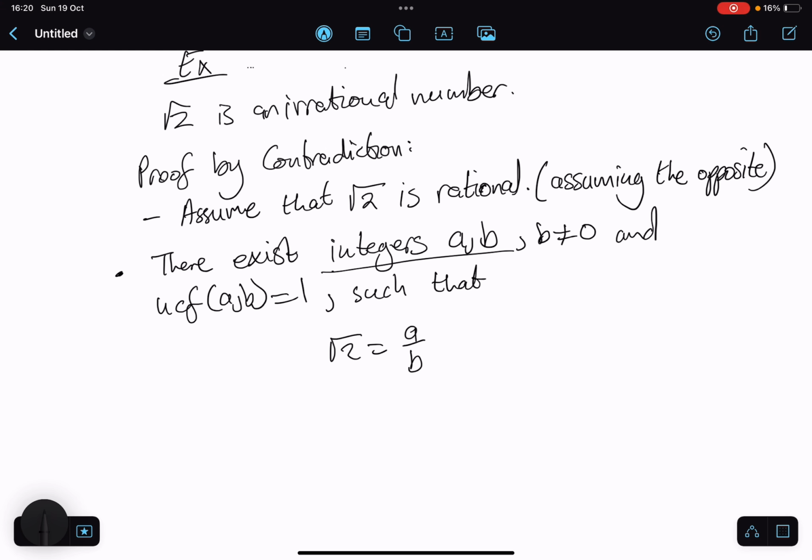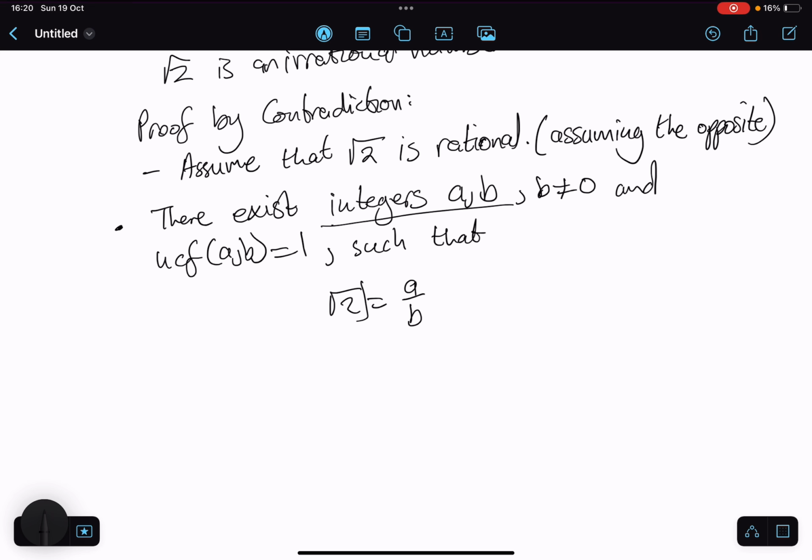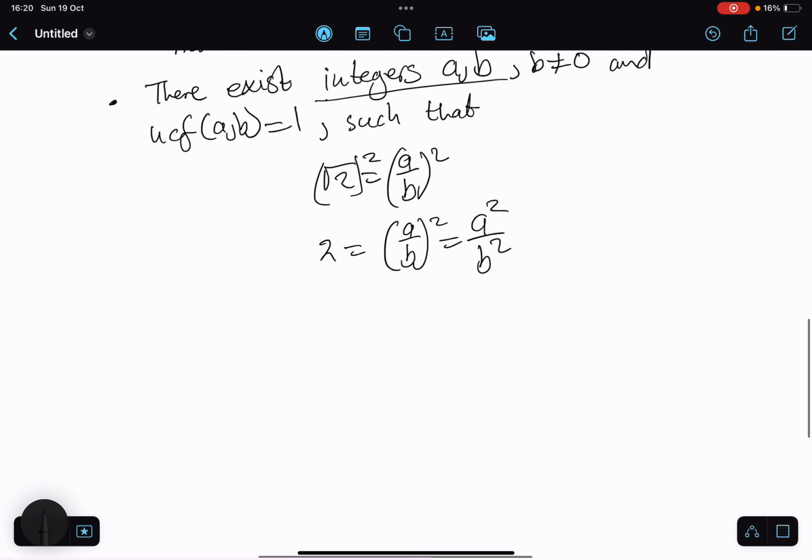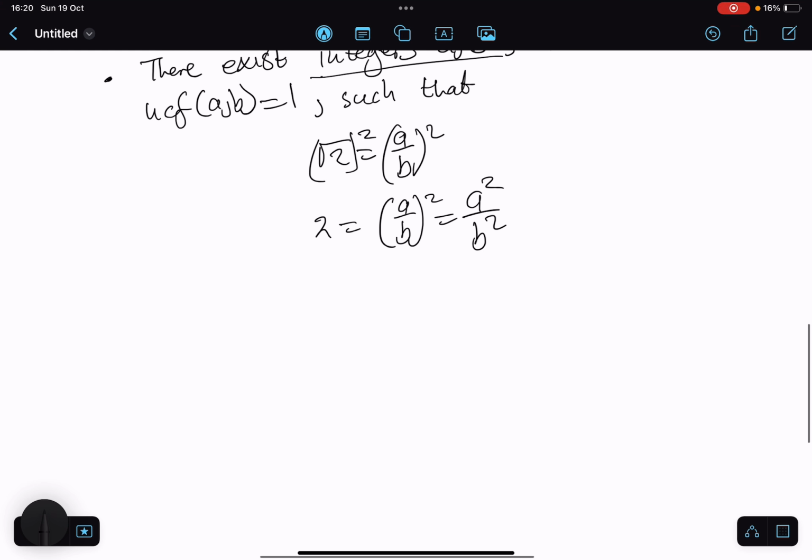So from here, we are going to square both sides, such that we have 2 is equal to a over b squared, which is equal to a squared over b squared. So from here, we can rearrange this to a squared is equal to 2b squared.